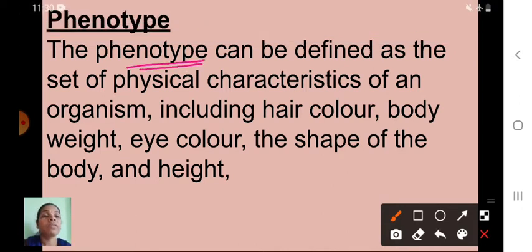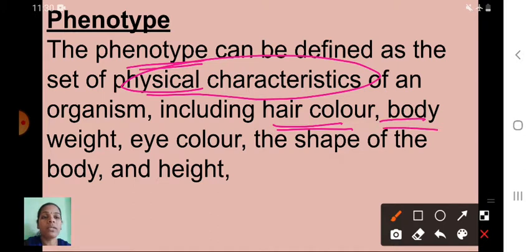It can be defined as the set of physical characteristics of an organism. Including, for example, hair color, body weight, eye color, shape of the body, height, etc. So these are physical characteristics.